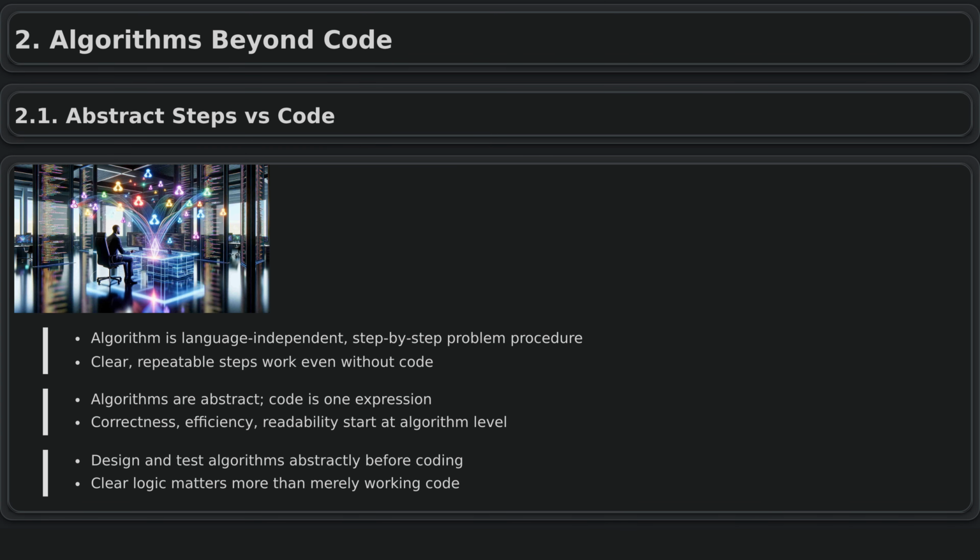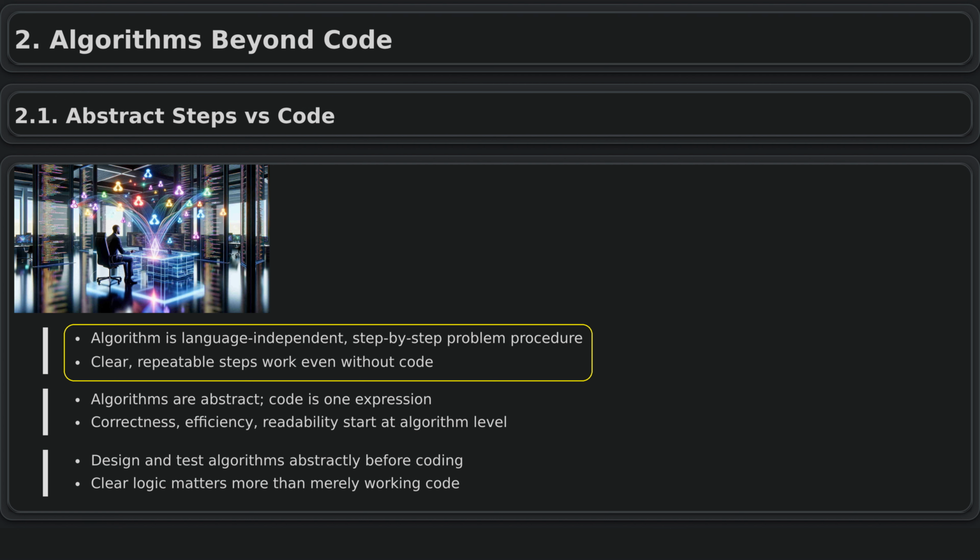Algorithms beyond code. Abstract steps versus code. An algorithm is a detailed, step-by-step plan for solving a problem that is separate from any specific programming language or code. It is like a recipe that describes what to do, not how to write it in a particular syntax.